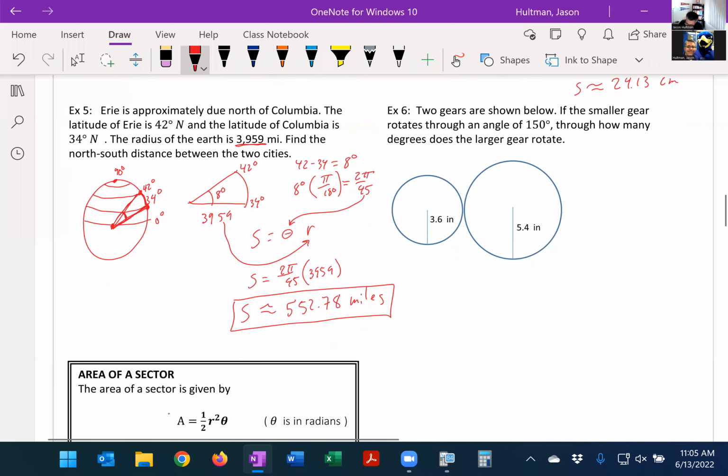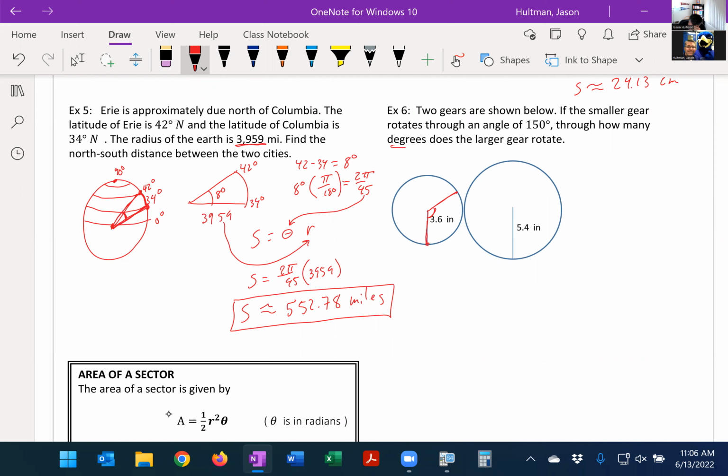Okay, two gears are shown below. If the smaller gear rotates at an angle of 150, okay, so we'll say from here to here is an angle of 150, this point to this point.